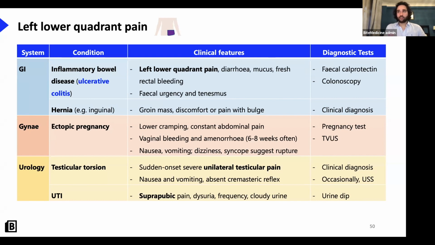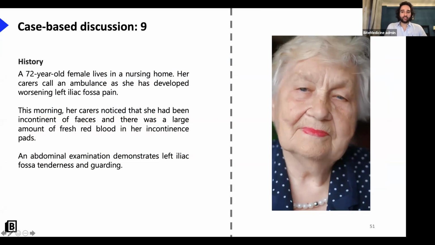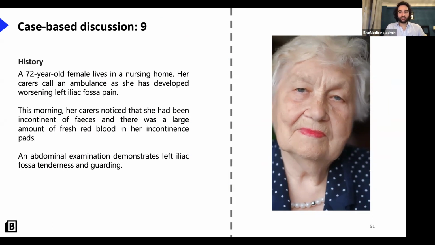Good, and that's left lower quadrant, but we also want to think about potentially some other causes of left lower quadrant pain as well. We have this absolutely lovely lady, isn't she? She looks such a nice woman. She's 72 years old.